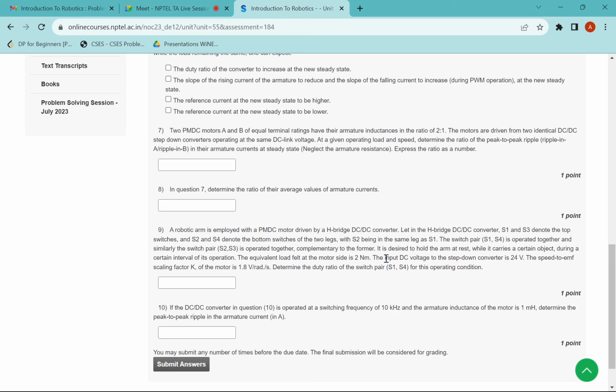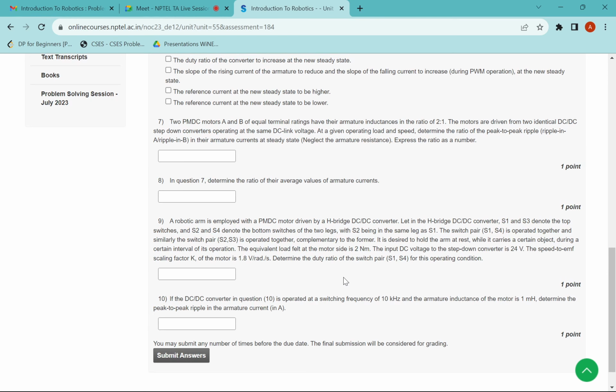I'm not asking for a solution, just a hint so that I can solve it. Input voltage is given, load torque is given, K is given. From the load torque and K you can find IA, the armature current.